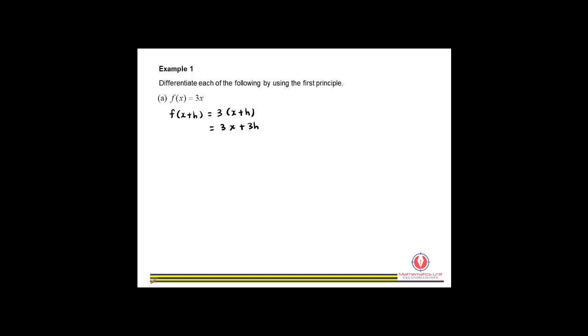Next, substitute into our formula, that is f prime x equal to limit 1 over h of f x plus h minus f x as h approaches 0.